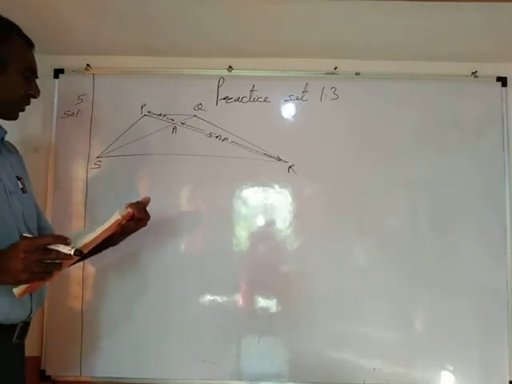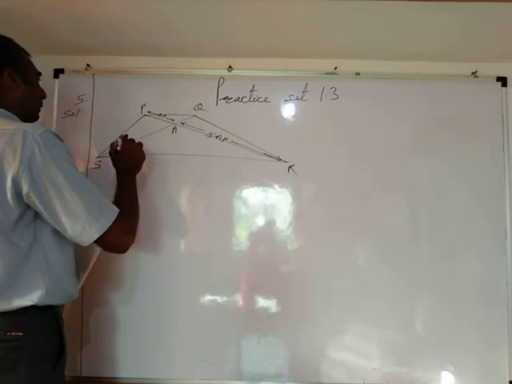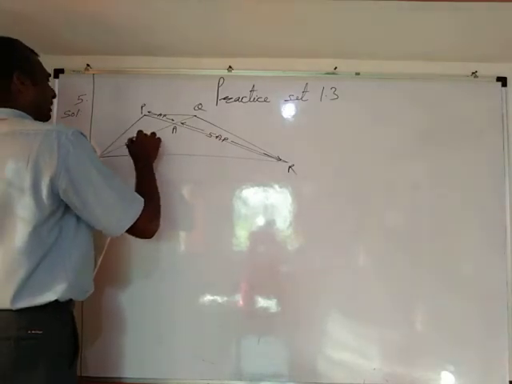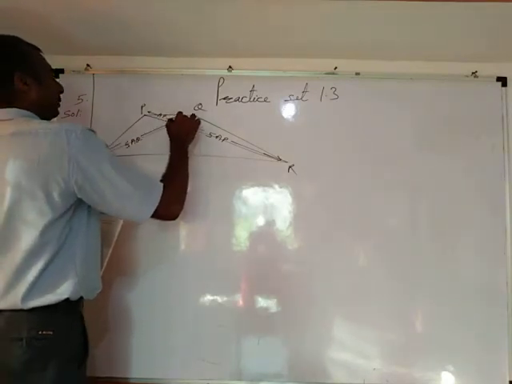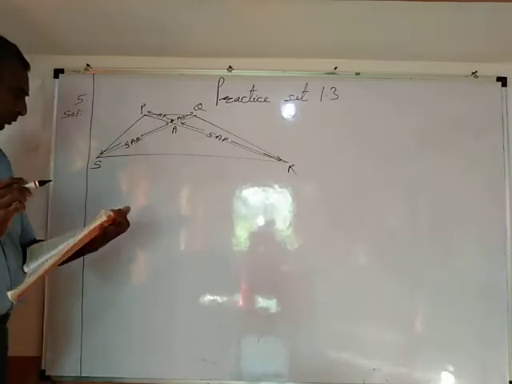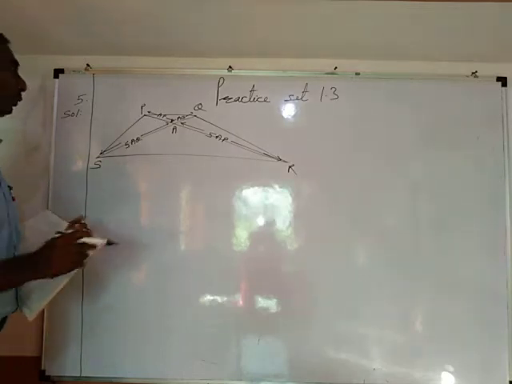AS equals 5 AQ, and AQ is AQ. Then prove that SR equals 5 PQ.